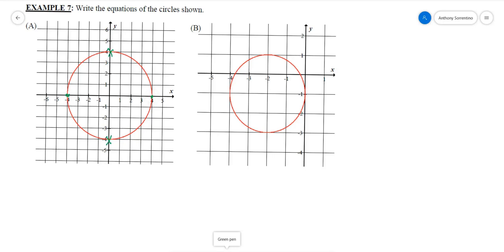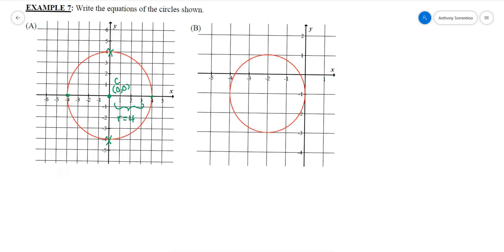They're not going to be super difficult because these are horizontally and vertically oriented from each other. You can see really quickly that (0, 0) is the center. I'm going to mark that as C. And I can see that the radius is 4.